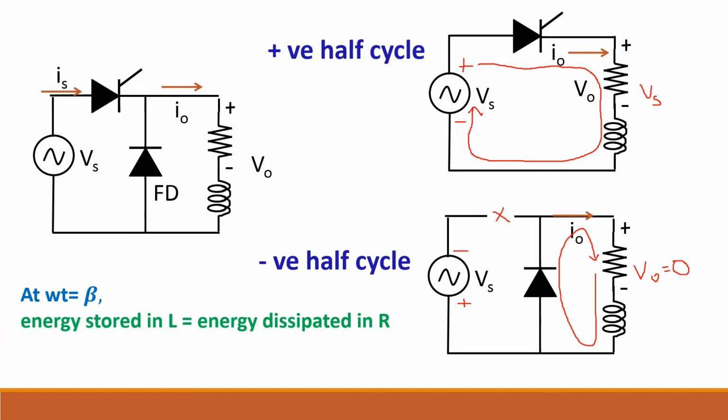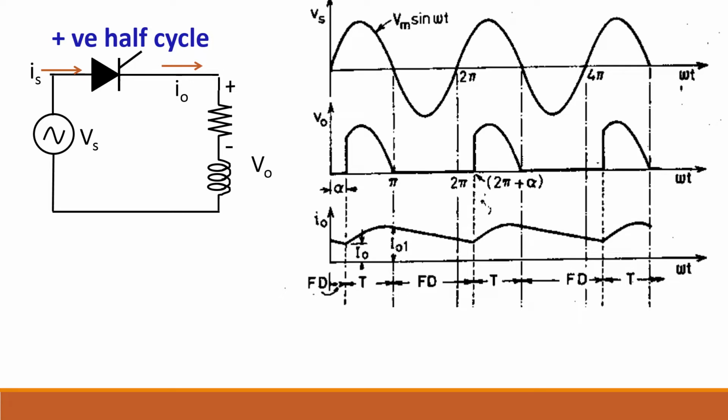And this inductor current continues to flow in this path till all the energy stored in the inductance is dissipated in the resistor. So we have seen the positive half cycle. Current flows through the load and the load voltage is equal to the supply voltage during positive half cycle.